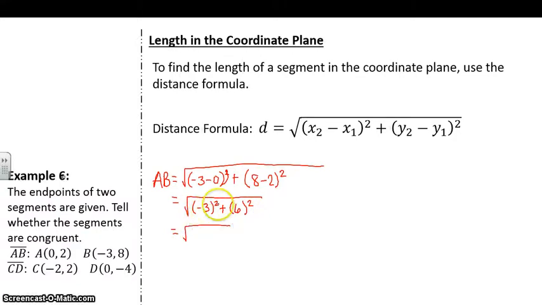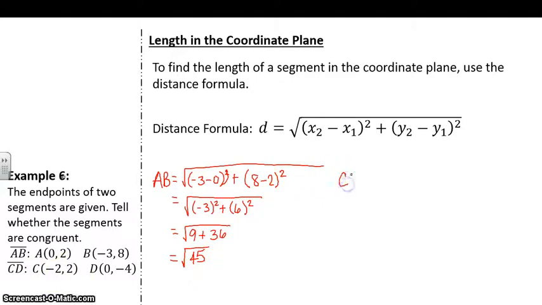Negative 3 squared is positive 9, and 6 squared should be 36. When you add those up, what do I get? I should get the square root of 45. You could do the decimal on that if you want to, but I'm just going to leave it as is so that I can now do CD.